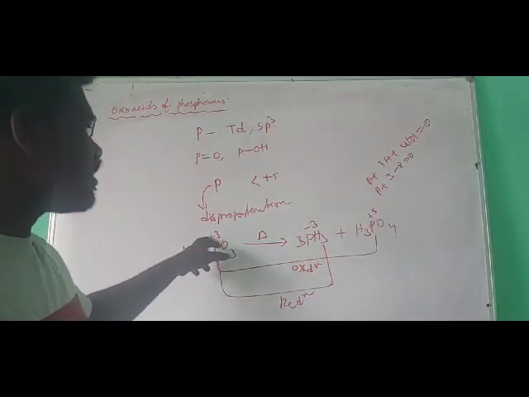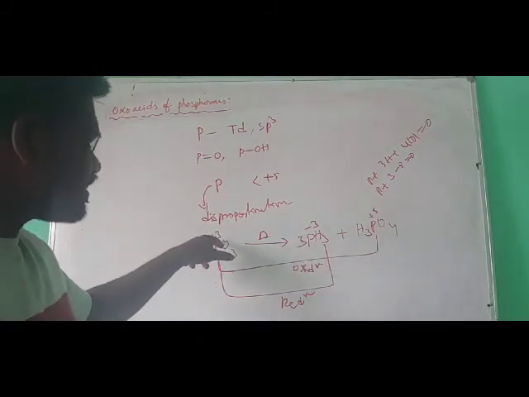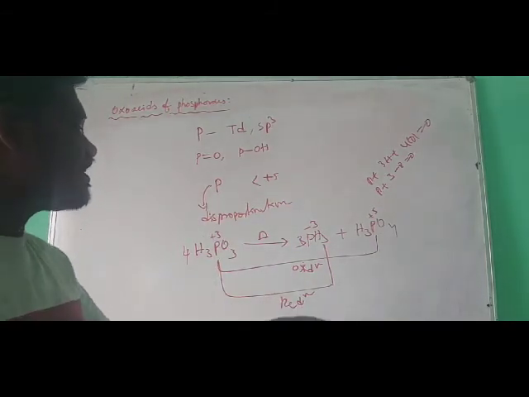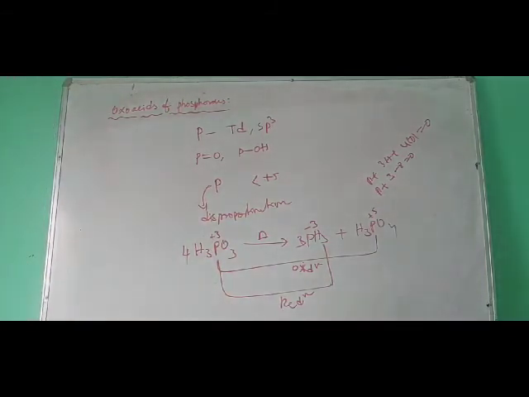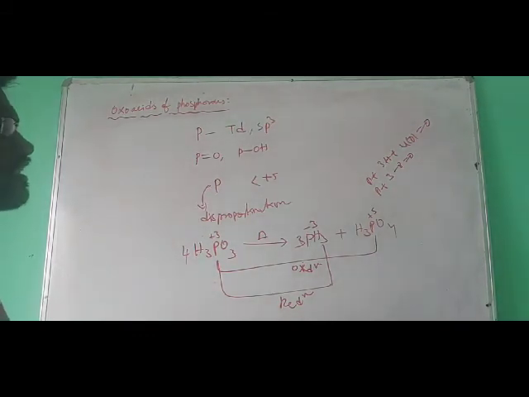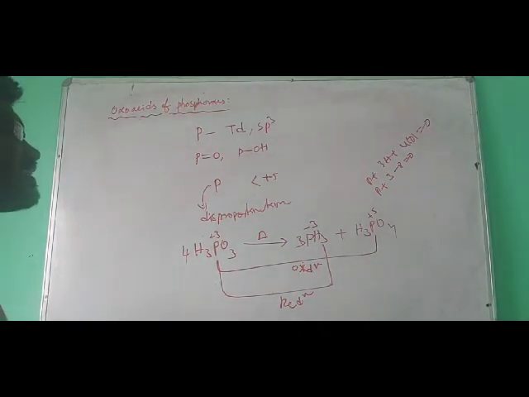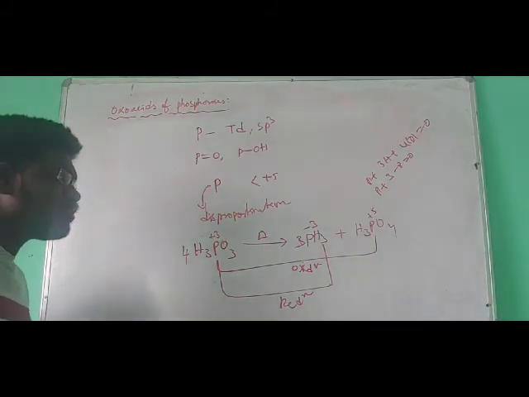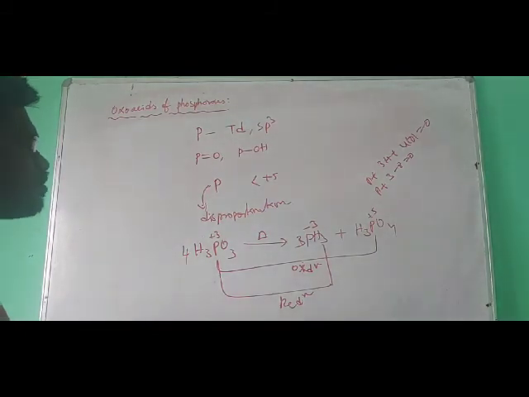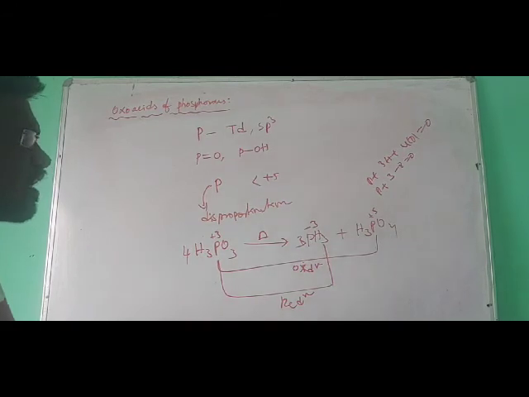Now from +3 to -3, the oxidation number decreases, so that is the reduction. In a given reaction, if the same atom undergoes oxidation and reduction, that is a disproportionation reaction. In oxo acids of phosphorus in which phosphorus has an oxidation state less than +5, that one undergoes a disproportionation reaction.